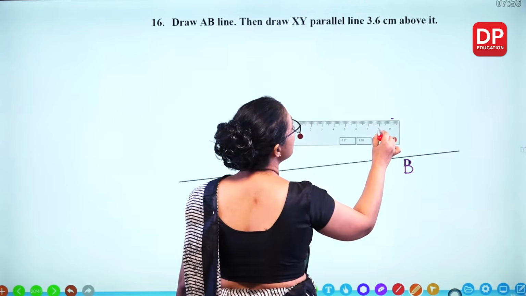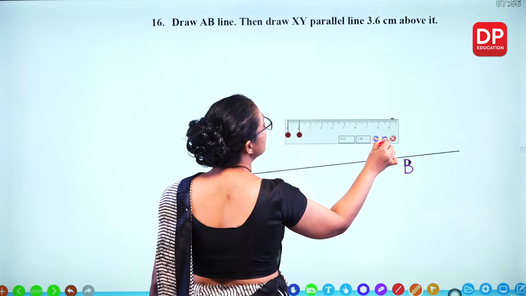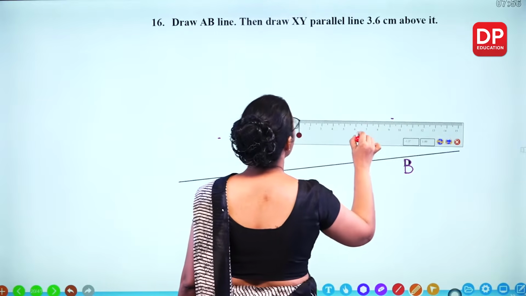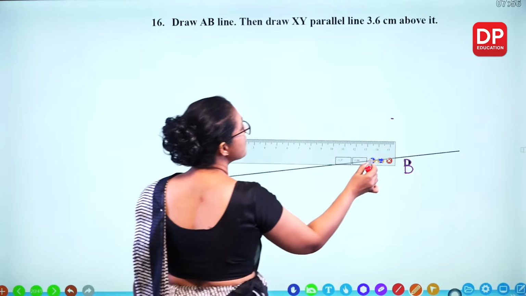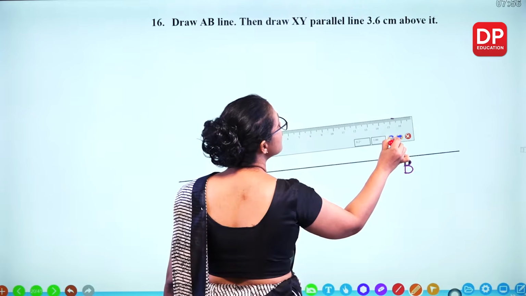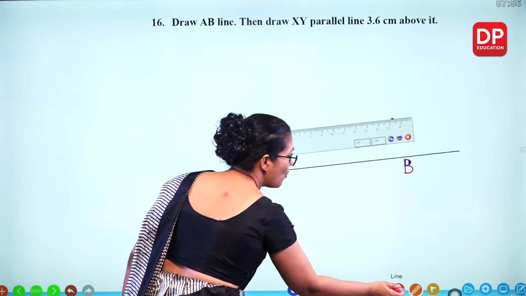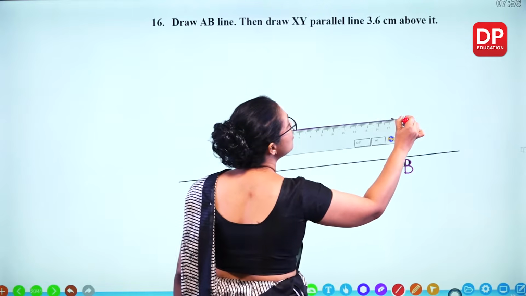So I can keep here. I'll take this point and connect this point as well. So here these two. Now we can draw the line, here to here.